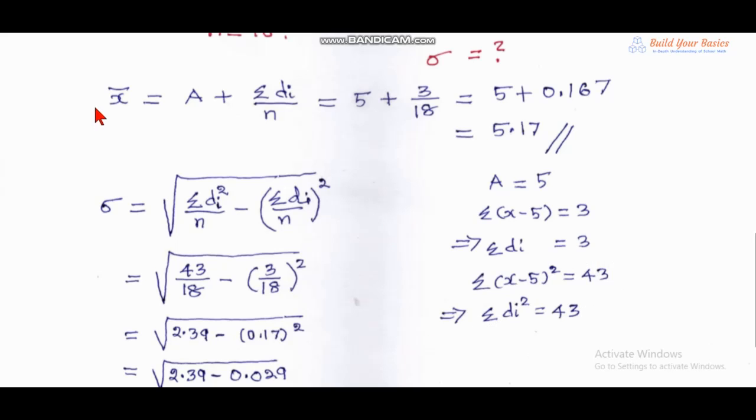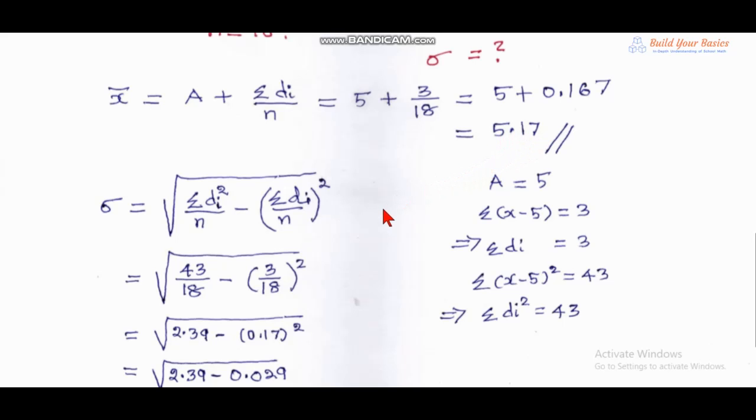Now x bar equals a, the assumed mean, plus sigma di by n, that is 5 plus 3 divided by 18, which is 5 plus 0.167, that is 5.17. So the mean has been calculated as 5.17.